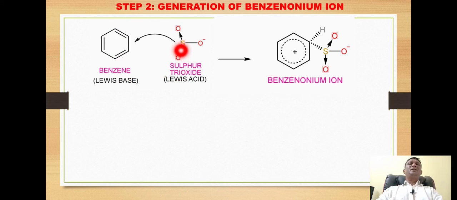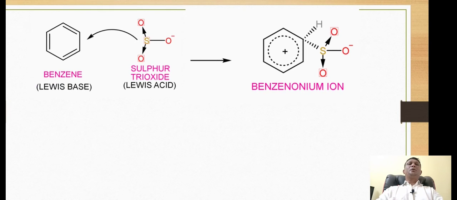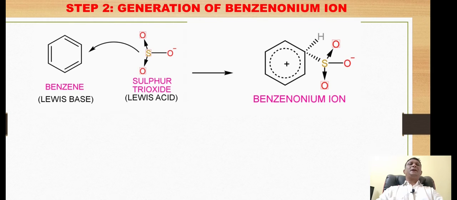So when the sulfur to carbon bond is being formed, the carbon to hydrogen bond is being broken. During this process, this carbon atom acquires a partial pentavalent character, that is the formation of the carbocation over the whole benzene ring, and that's why this ion is called the benzenonium ion.